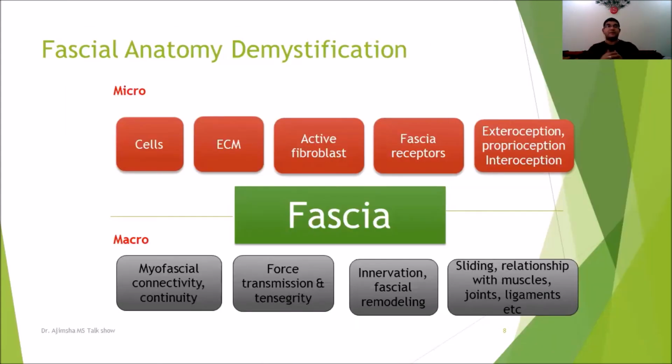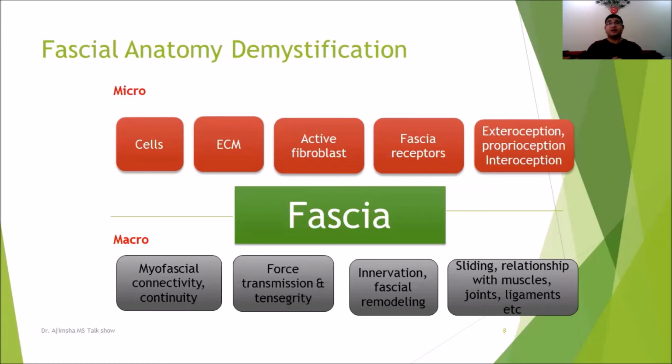Now we'll be coming directly into a more systematic way of explaining fascia, and we can say it is a fascial anatomy diversification. Fascia, in a broader way, can be explained under two main divisions: microfascial aspects and macrofascial aspects. So microanatomy and macroanatomy, that's the difference.